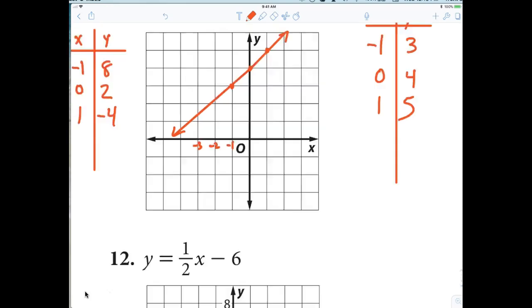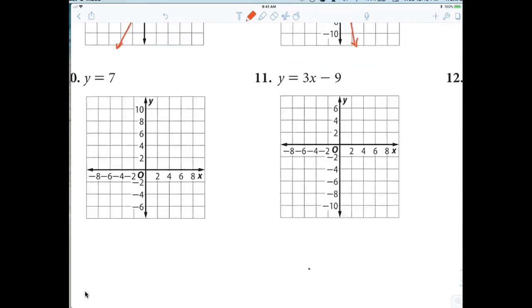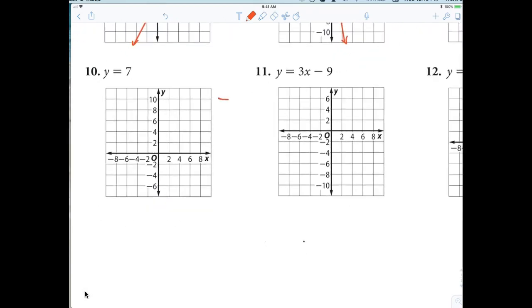All right, let's see what's happening for question number 10. Number 10 we already talked about earlier, so let's take a look at this. What are the y values always? 7. Yes. So negative 1, 0, 1, 7, 7, and 7.